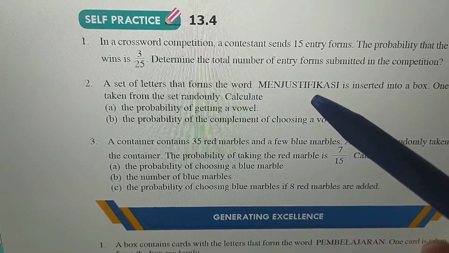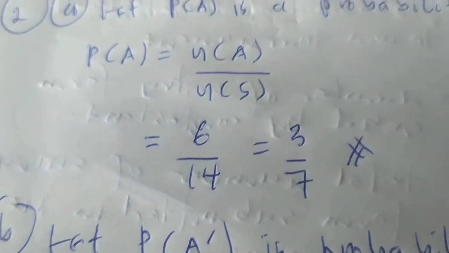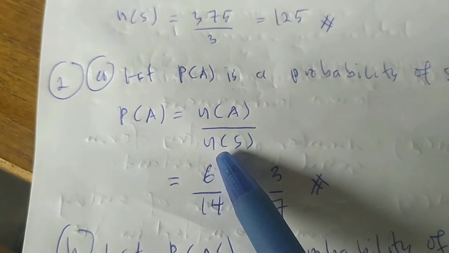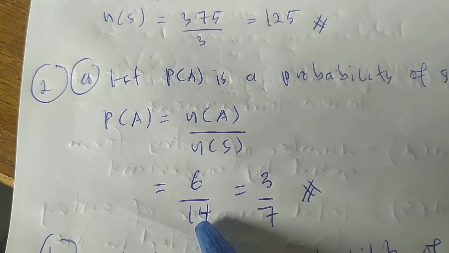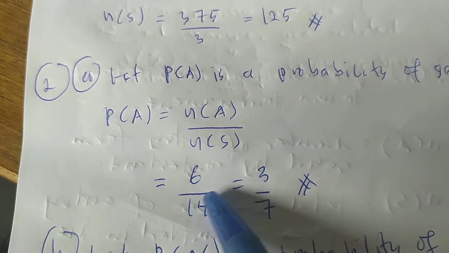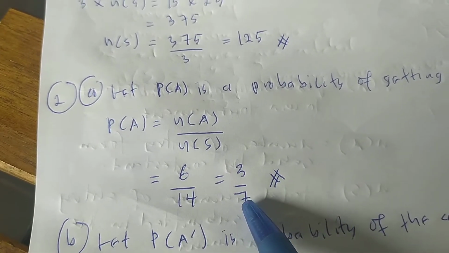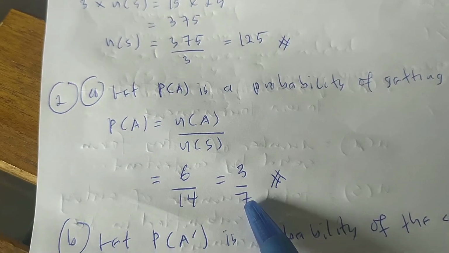From the word menjustifikasi, there are 14 letters. So for n(S), you substitute with 14. Then after that you can simplify, so you will get the answer 3/7. This is the answer for question 2A, the probability of getting a vowel.